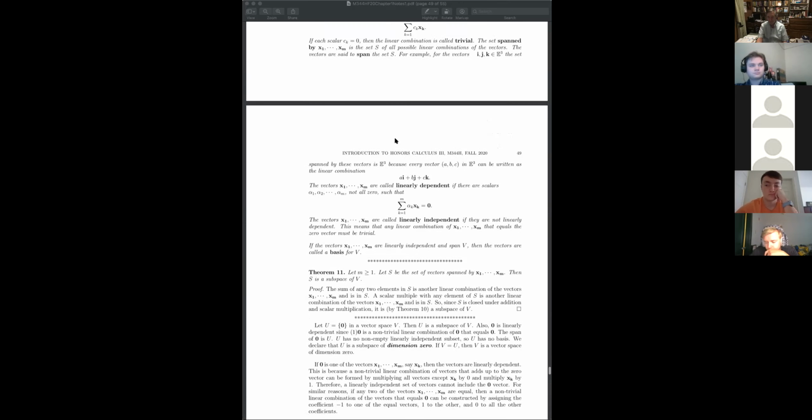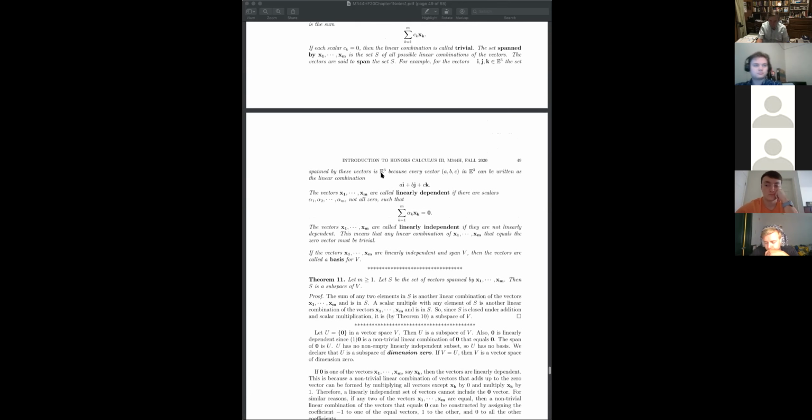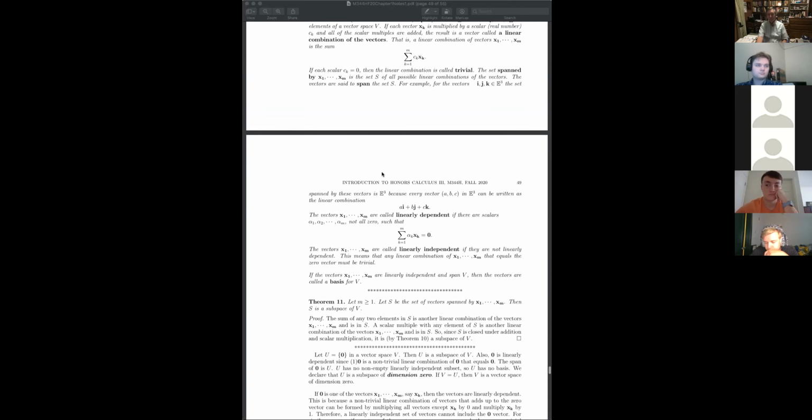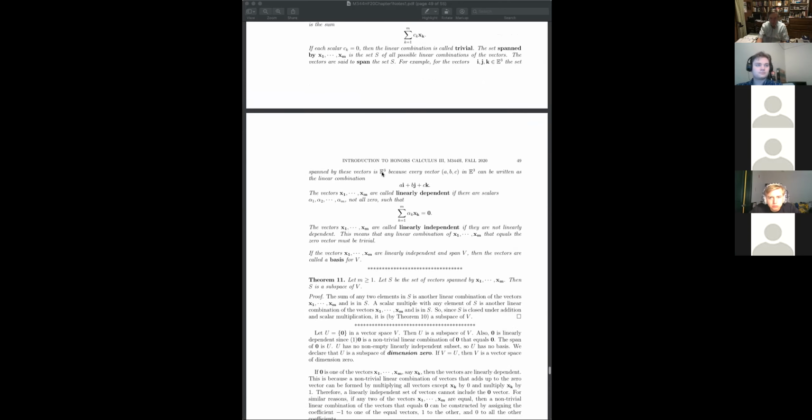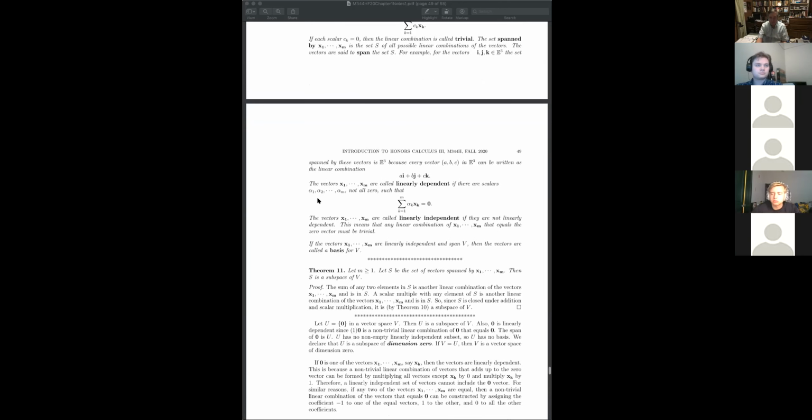If it's not the case that they're independent, then they're dependent. So what does that mean? Well, if you take the negation of the sentence describing independence and say it's not the case, then what you're saying is that there are scalars that aren't all 0 with which you can make up a combination that adds up to 0.